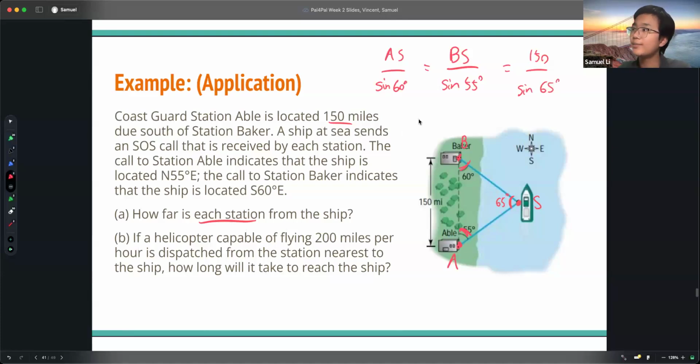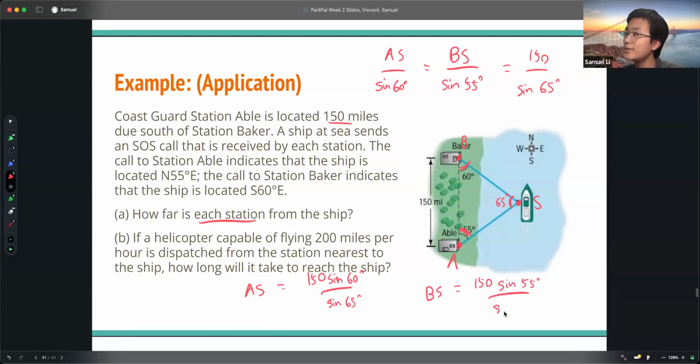Then we can compute AS is equal to 150 sine of 60 degrees over sine of 65 degrees. And BS is equal to 150 sine of 55 degrees over sine of 65 degrees.